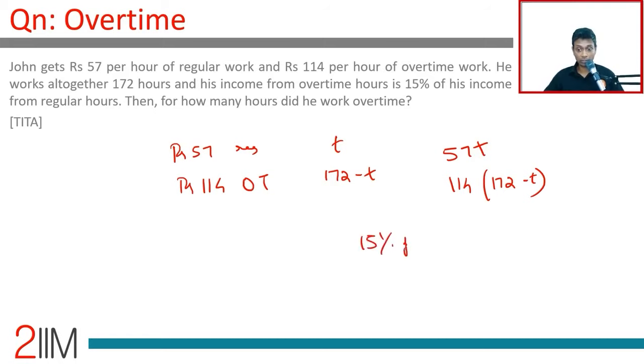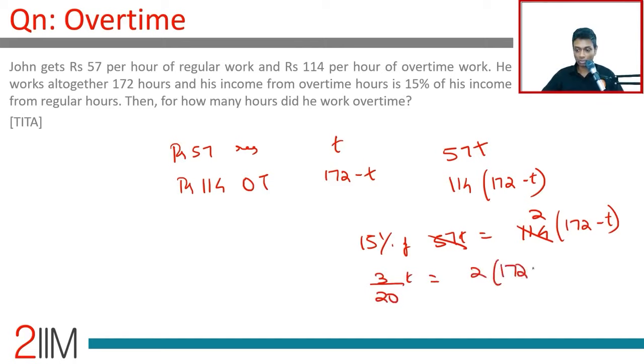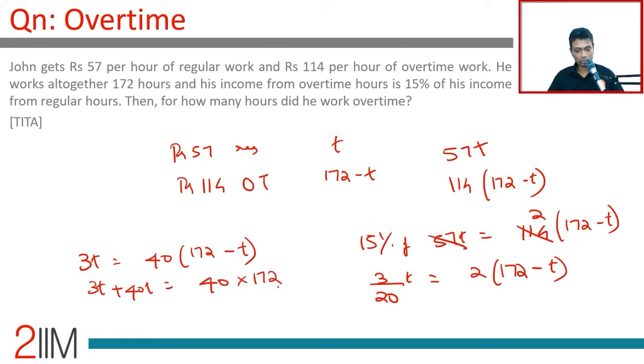So 15% of 57T is 114 into 172 minus T. 114 is 2 times 57, so 15 by 100, or 3 by 20, times T is 2 times 172 minus T. 3T equals 40 times 172 minus T. 3T plus 40T is 40 into 172.